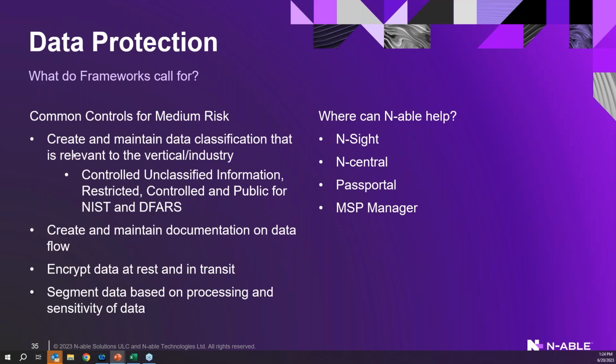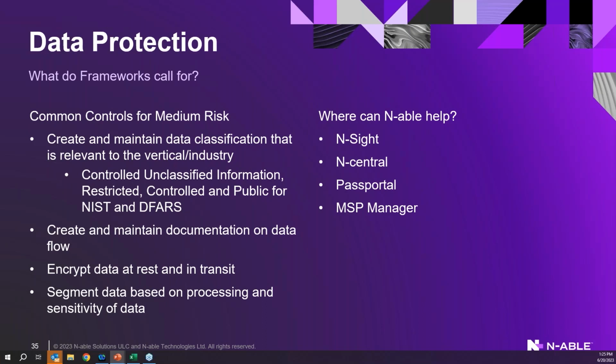And then medium risk, common controls for medium risk environments. They want you to start getting into the classification of the data relevant to a regulatory body or to an industry standard. As an example, if you are providing support to clients that are going to be concerned about CMMC because they hold federal contracts, one of the things they have to do is classify all of their data.